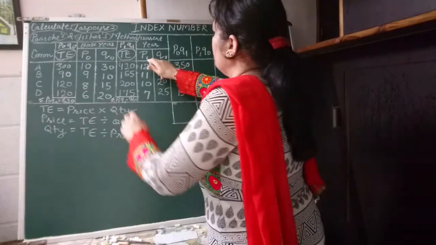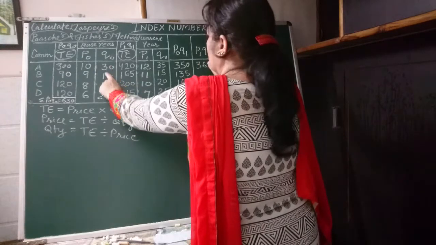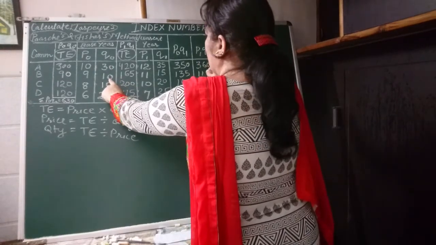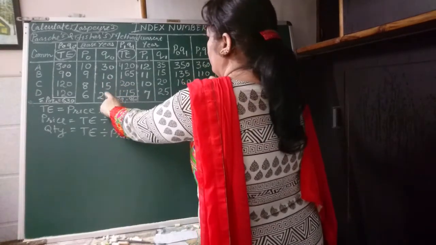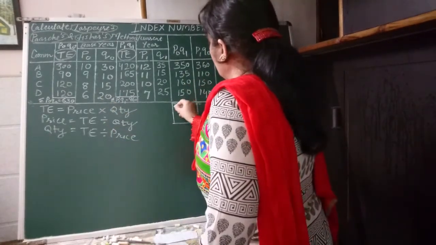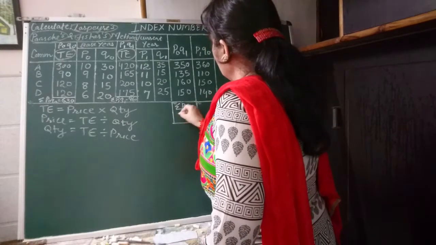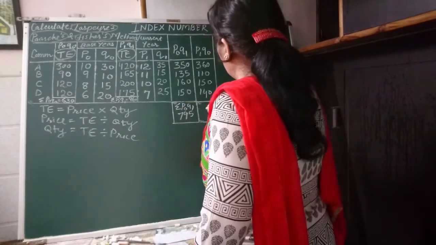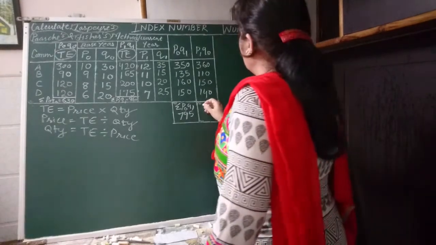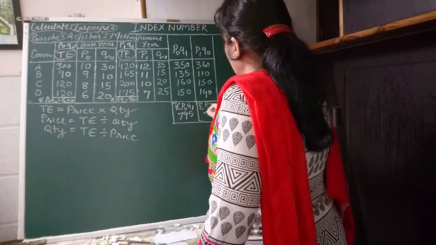Then we have to calculate P1Q0: 360, 110, 150 and last one is 140. So sigma P0Q1 is equal to 795 and sigma P1Q0 is equal to 760.